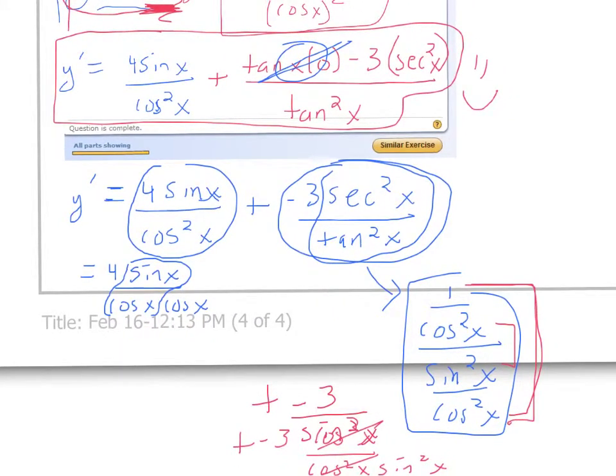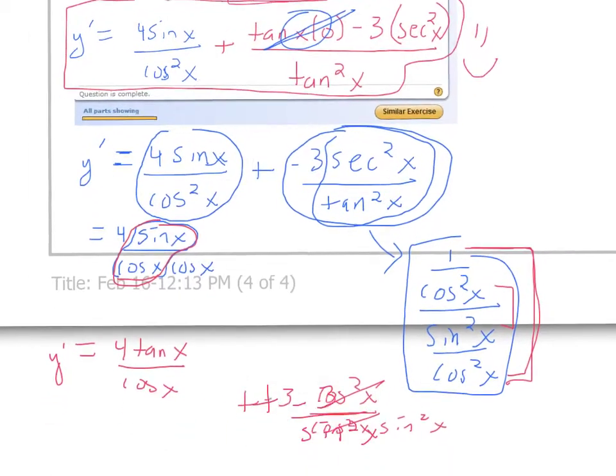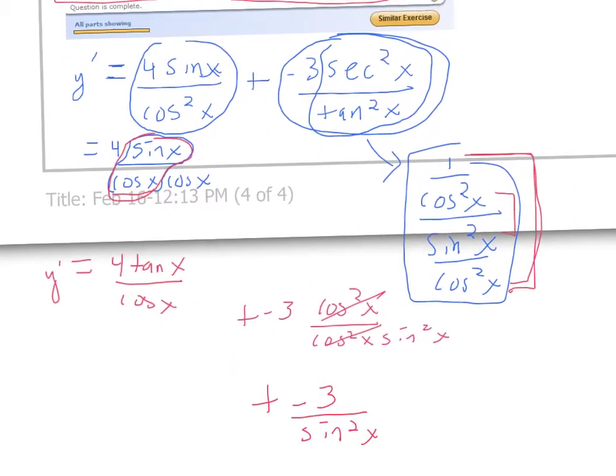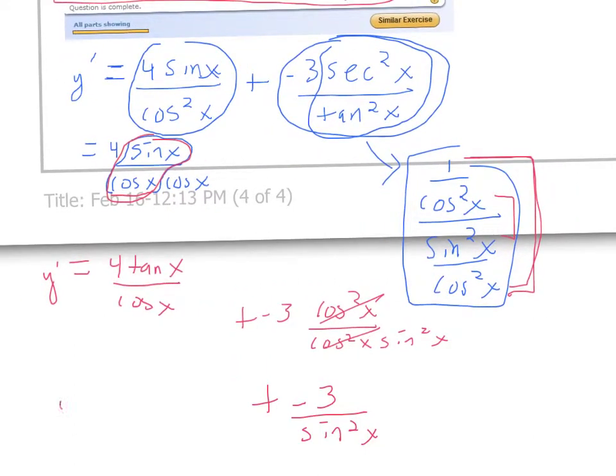I'm going to rewrite the sine over cos as tan. So I'd have 4 tan x over cos x. Okay? So keep that in mind. Let me scoot that on down to where we were before. So at that moment, I have 4 tan x over cos x plus -3 over sine squared x.